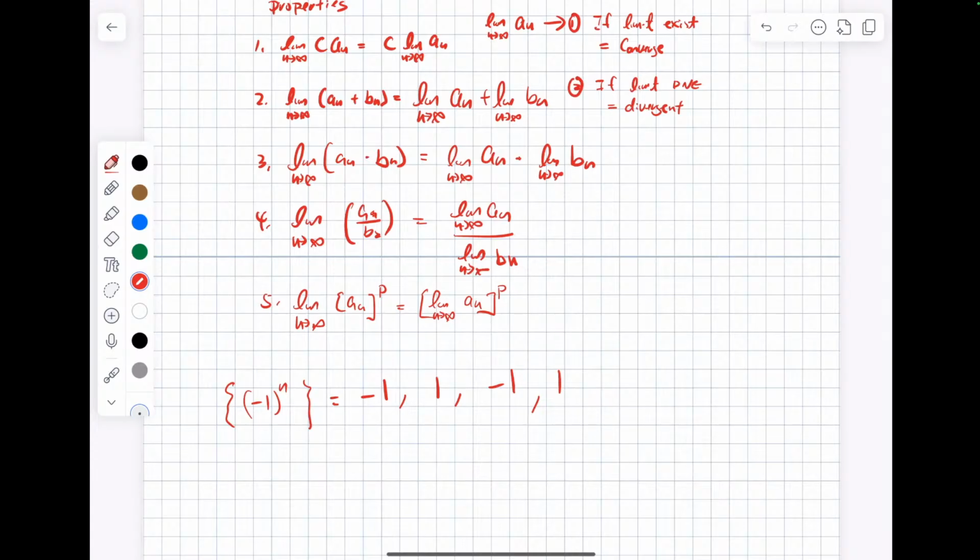It's oscillating between 1 and -1. So we call this divergent. Why? Because we don't know if it ends up at +1 or -1. It doesn't converge to something. So that's the first situation.